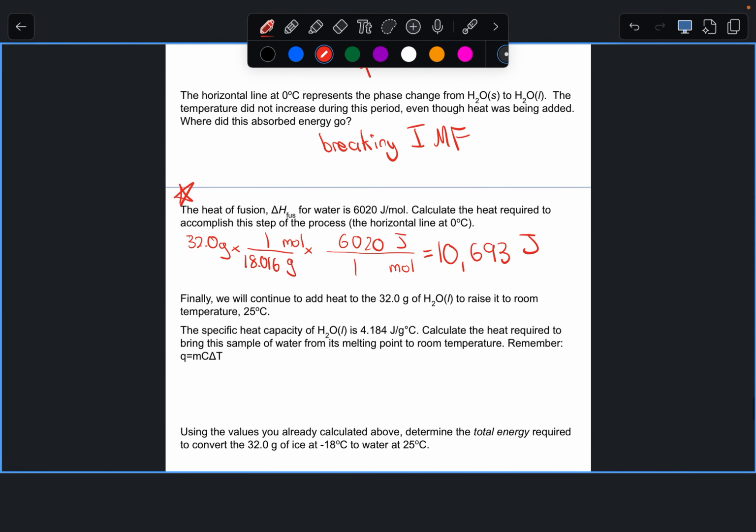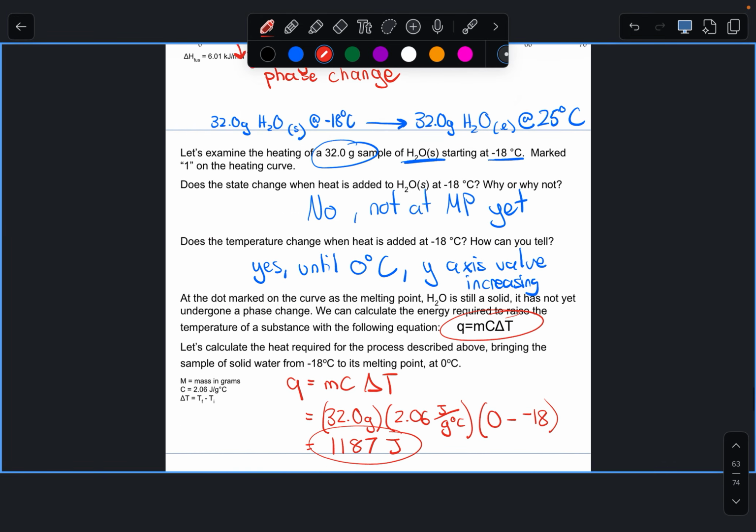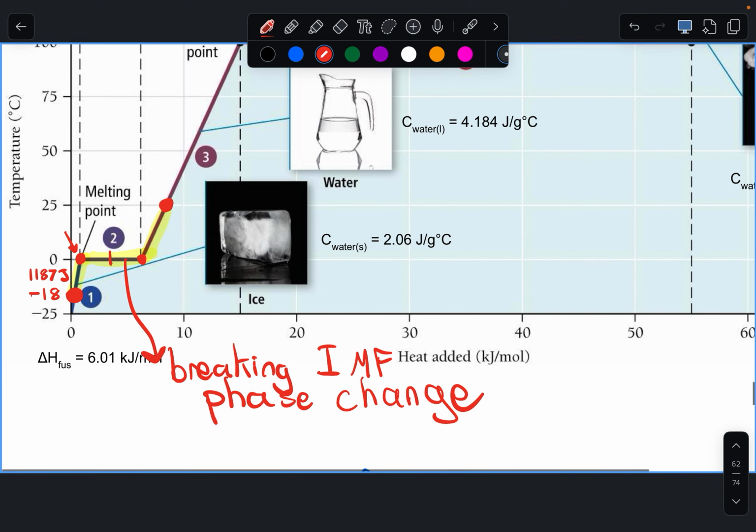Okay, and then for the sake of time, we'll do the last step together. This one was 10,693, and now we're going to do this last segment. This is just liquid, but it's from 0 to 25 now. So temperature change, phase change, temperature change.